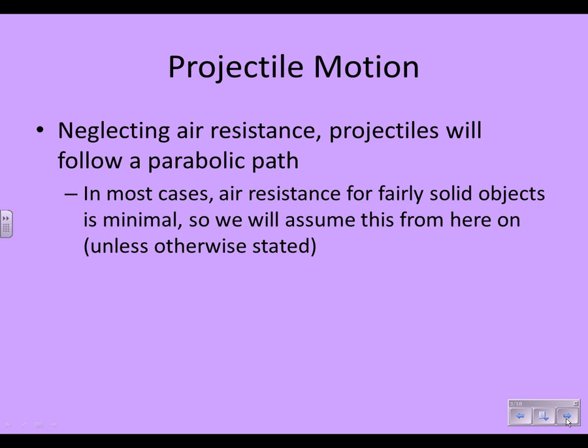And in most cases, because we're dealing with fairly solid objects that are small, air resistance is small, we can assume that to be the case, unless I specifically tell you otherwise. I generally won't. I probably won't, but just keep in mind that in the real world, this necessarily isn't the case.